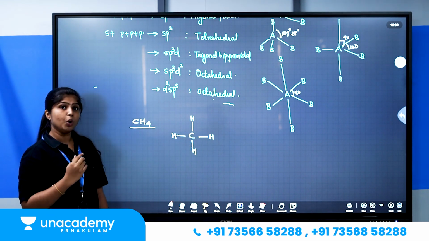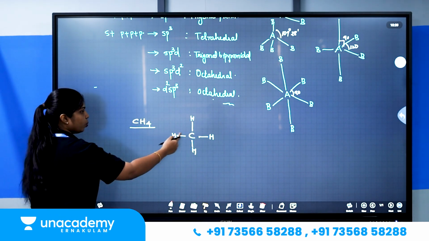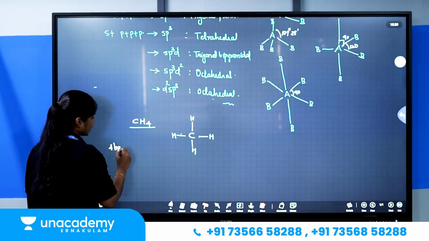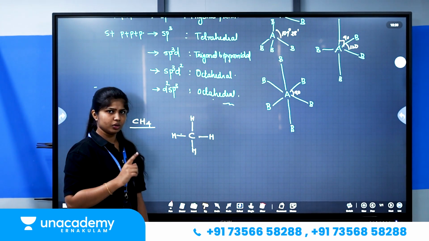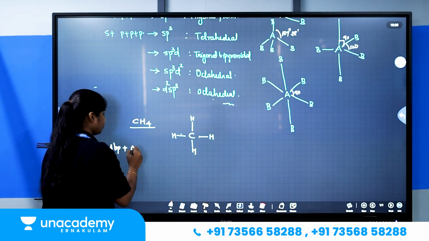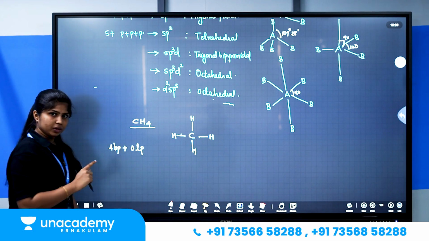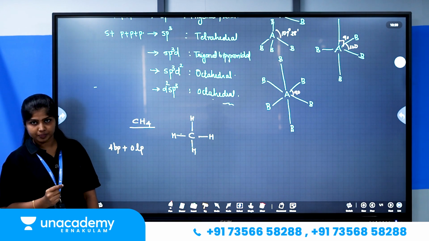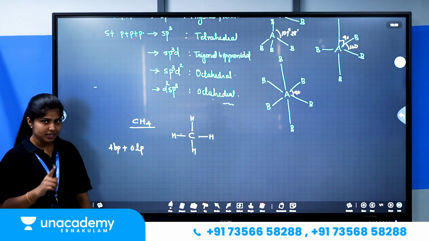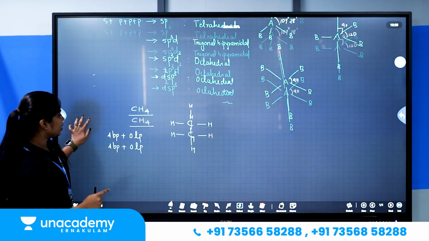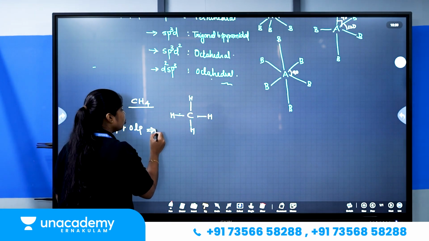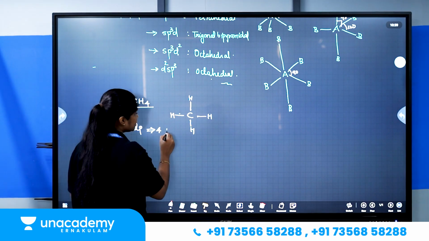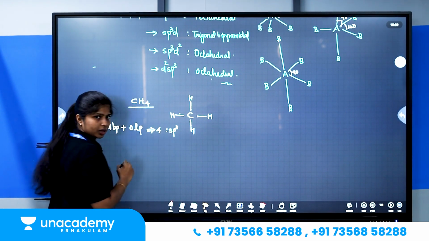Now here how many bond pairs are there? 1, 2, 3, 4. 4 bond pairs. And is there any lone pair? No, right? That is 0 lone pair. And this number, bond pair plus lone pair, is known as the steric number. So we have to find out the steric number. So here the steric number is 4, right? So if the steric number is 4, it is sp3.